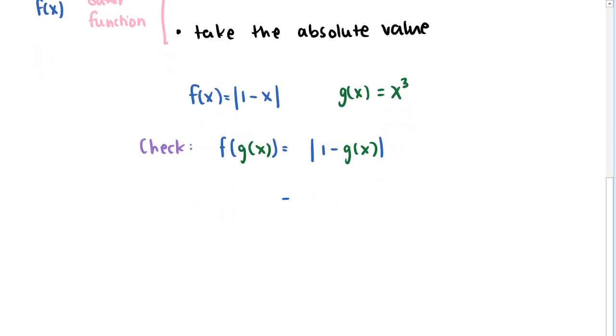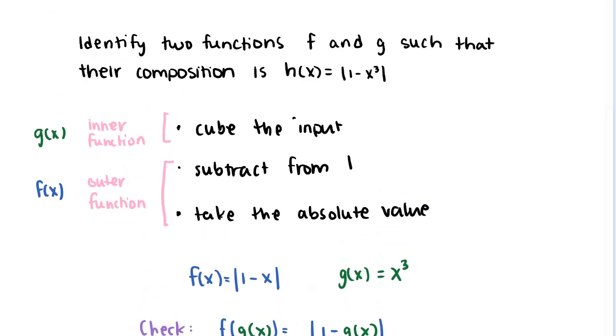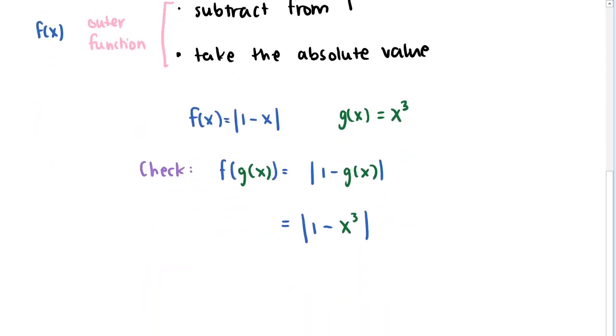And so this can be rewritten as the absolute value of 1 minus x cubed. And there we have it, right? That's the result we were looking for. We wanted to find two functions that compose to this absolute value of 1 minus x cubed, and that's what we've done.